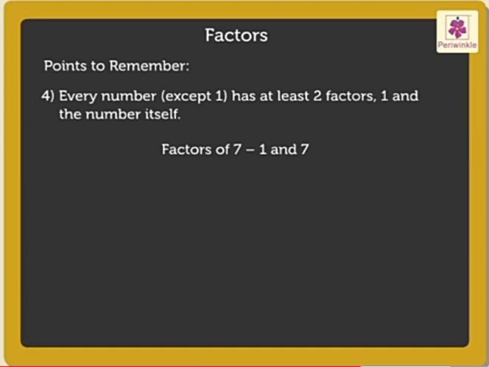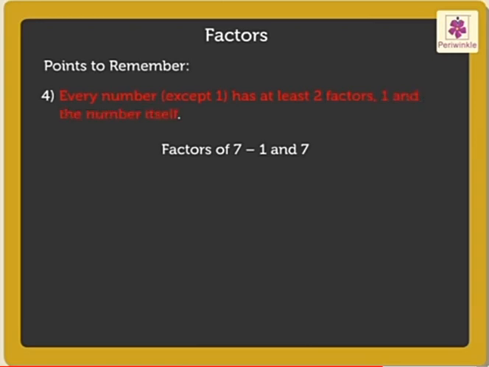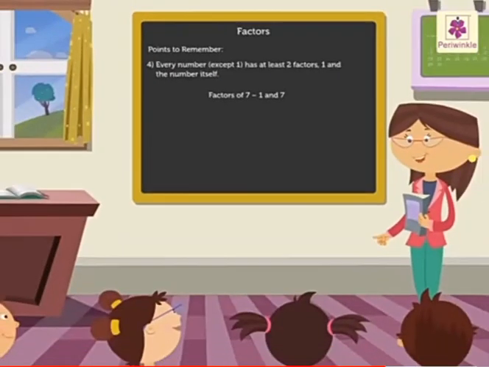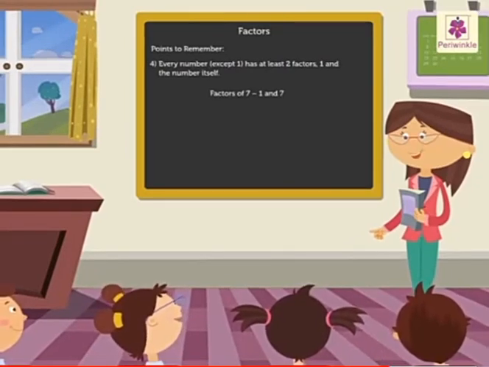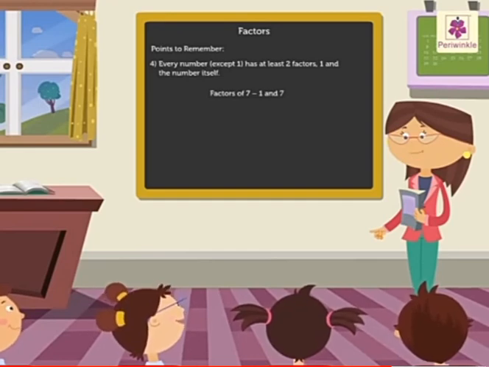That is, the number 7 has at least 2 factors, 1 and the number 7 itself. Hence, we can say that every number except 1 has at least 2 factors, 1 and the number itself. Do remember these points properly. They will help you to find the factors as we go further.